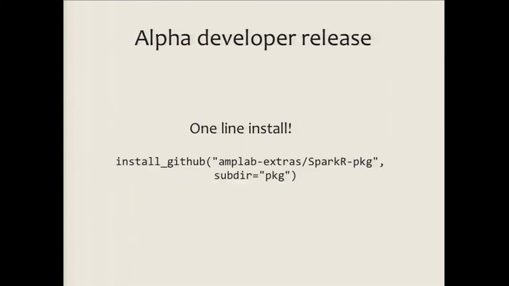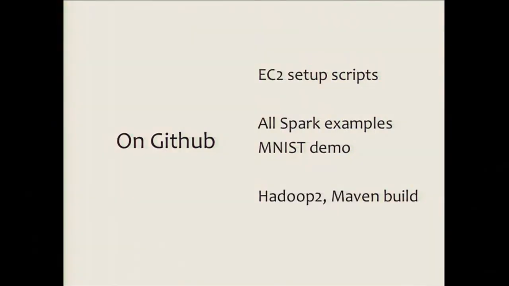That ends the implementation part of my presentation. We made our first alpha developer release earlier this year in January, and we also include a really cool one-line install method that you can play around with. Also on GitHub, you can find some easy-to-set-up scripts.